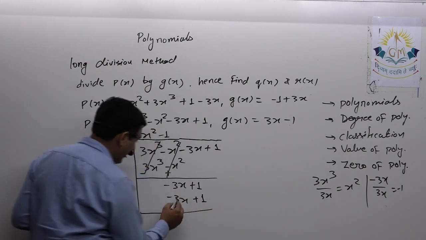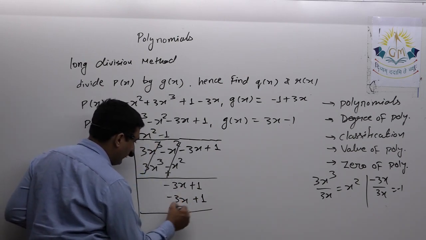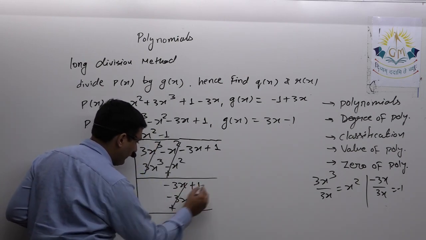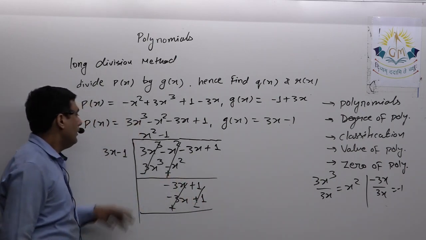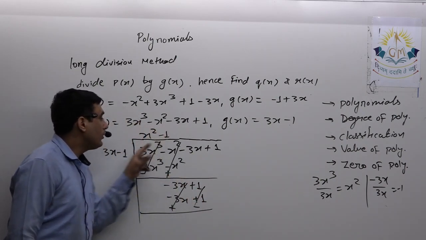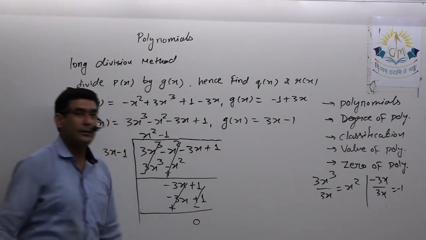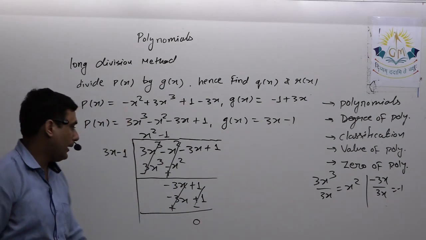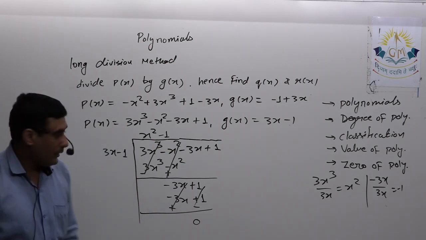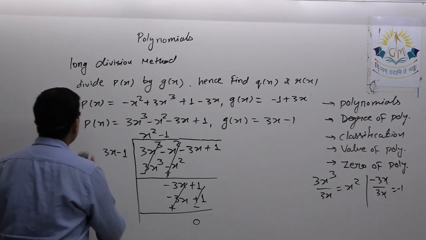Again when I subtract, I interchange the signs, they cancel out, and we get 0. So this is my quotient polynomial, and I got the remainder as 0. This is all about long division.